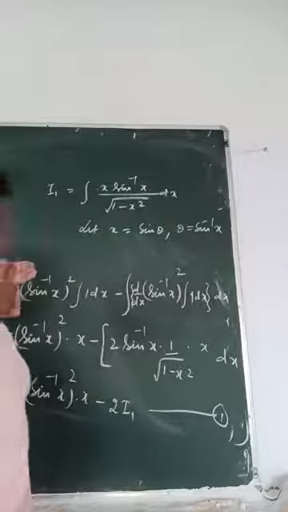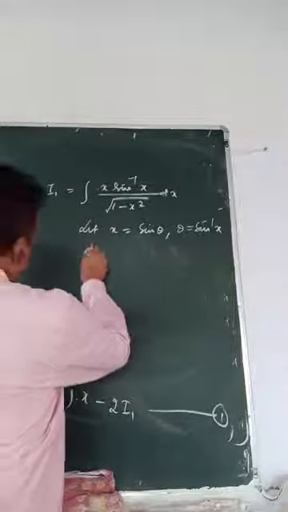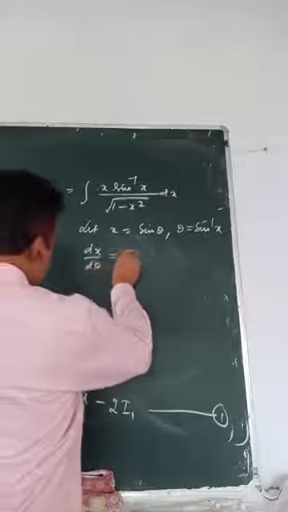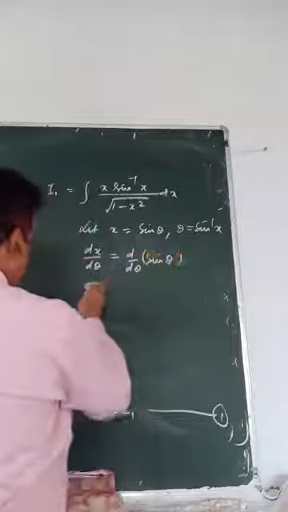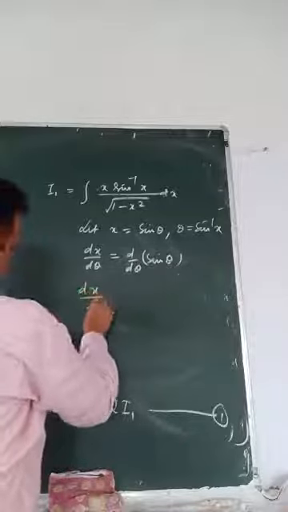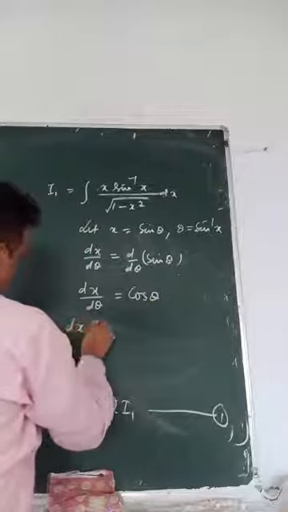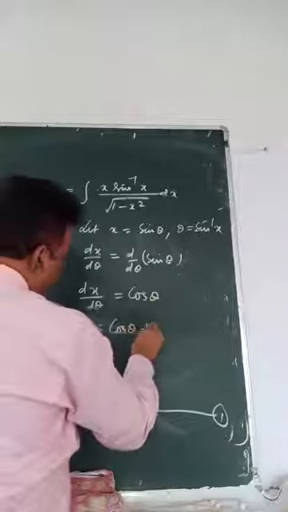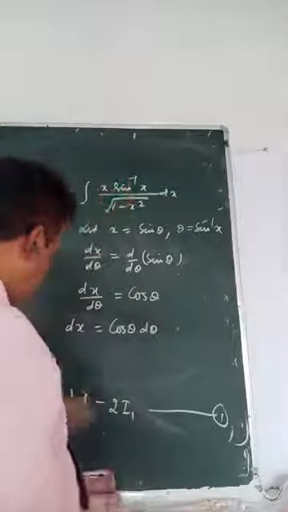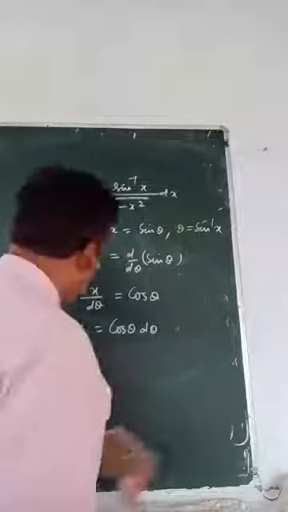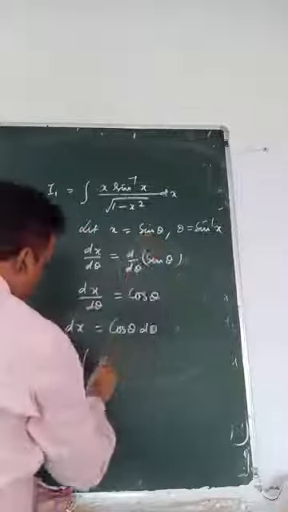So let's find what is dx by d theta. Dx by d theta equals d by d theta of sin theta. Dx by d theta equals cos theta. Dx equals cos theta d theta. Dx you got here. So all the values you put. Now I1 equals, x means sin theta.